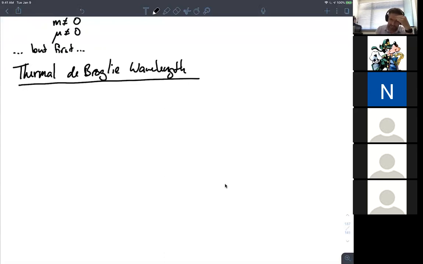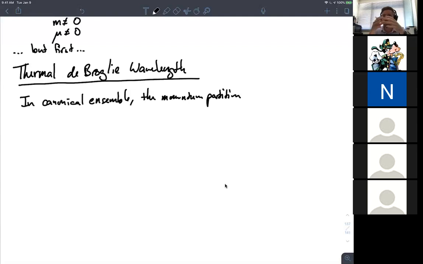The partition function in the canonical ensemble, just because that one's easy. So in the canonical ensemble, the momentum partition function. Remember you have to sum over all possible states.